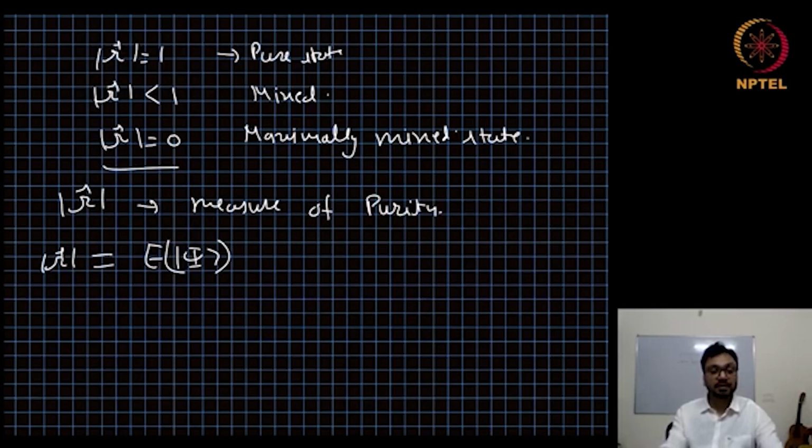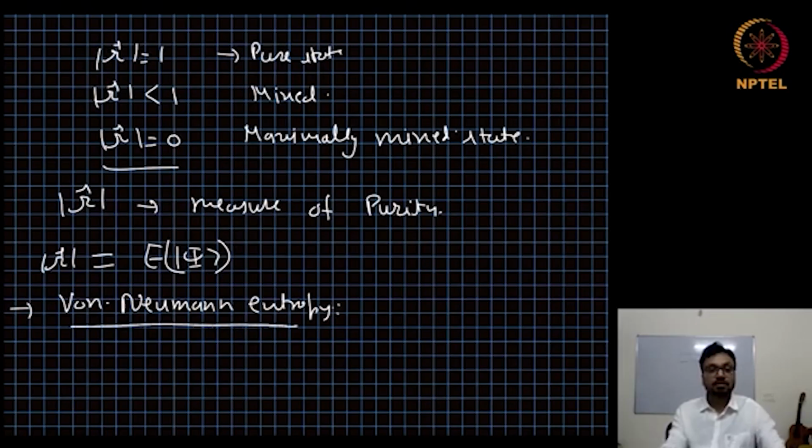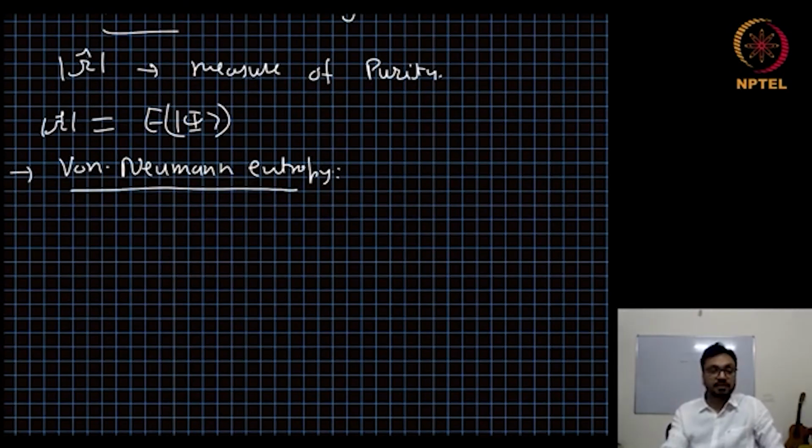There is another measure which is more prevalent, more widely used. That measure is called the von Neumann entropy. In this measure, we have a reduced density matrix rho A, and let us say the eigenvalues of this are lambda 1 and lambda 2.